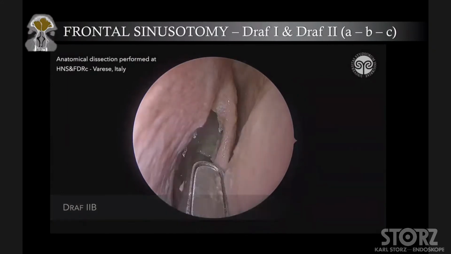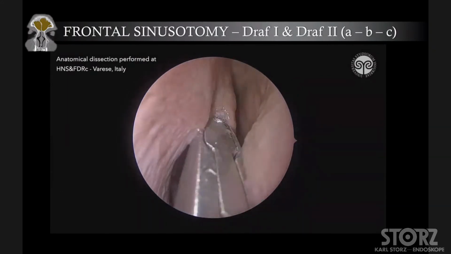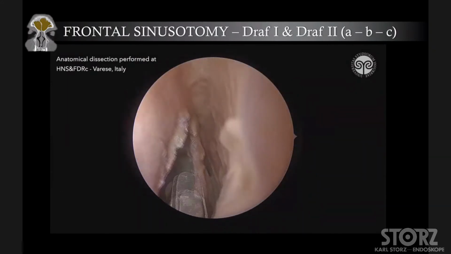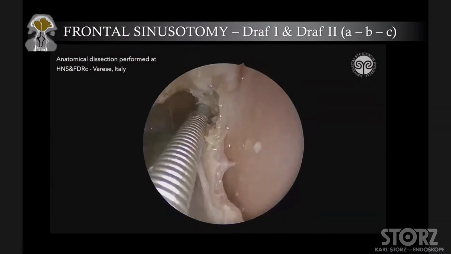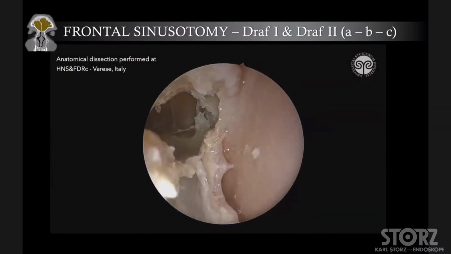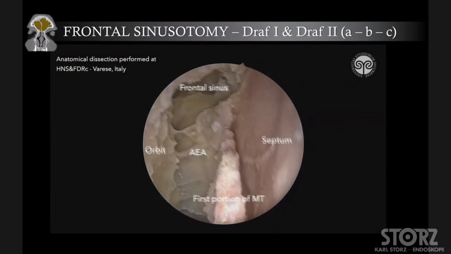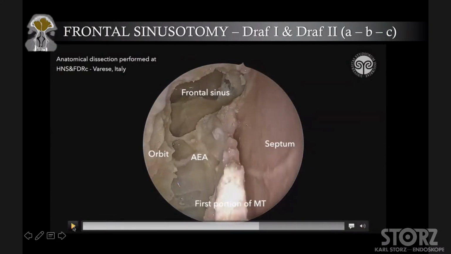In selected cases, we can enlarge such an approach and perform Draf type 2. Draf type 2 means that we are enlarging your opening of the frontal sinus until the insertion of the middle turbinate. This is called Draf type 2A.